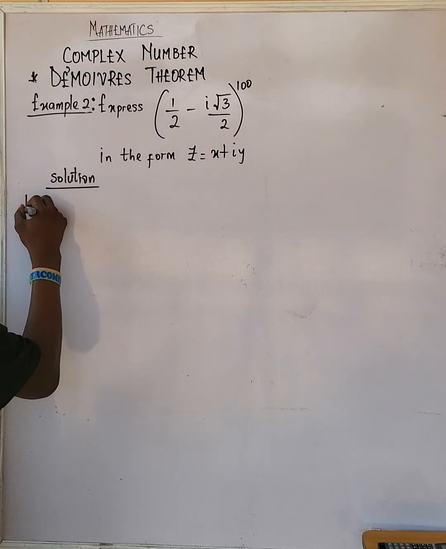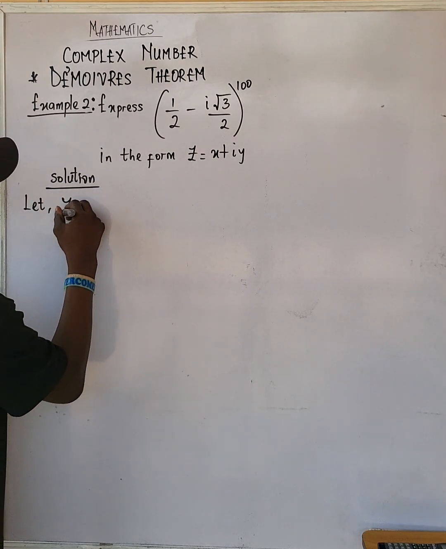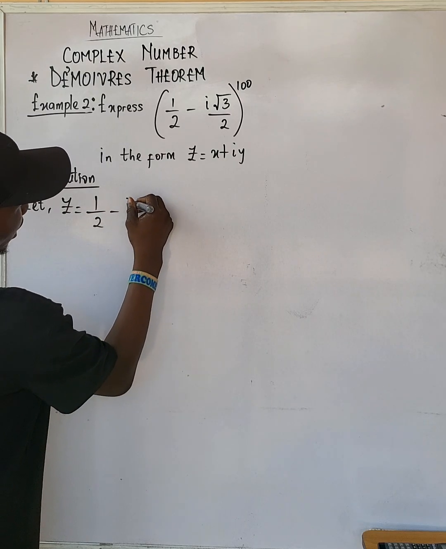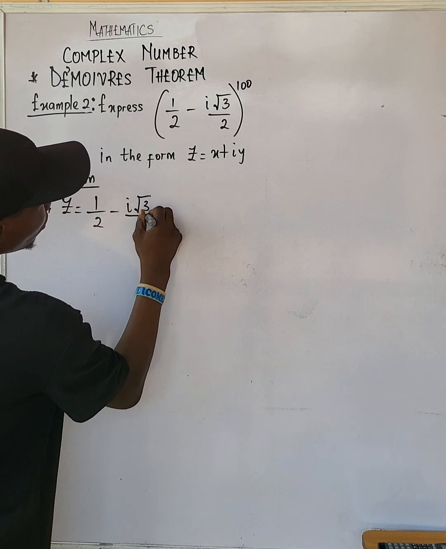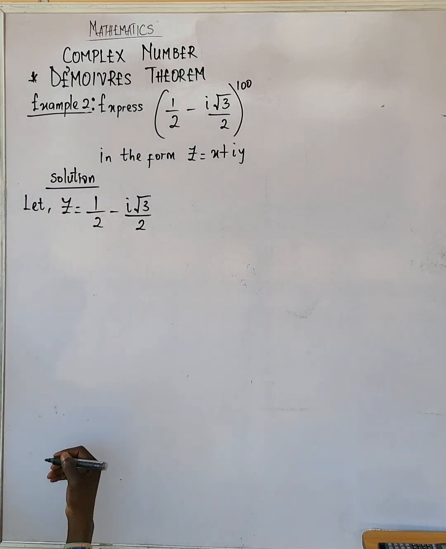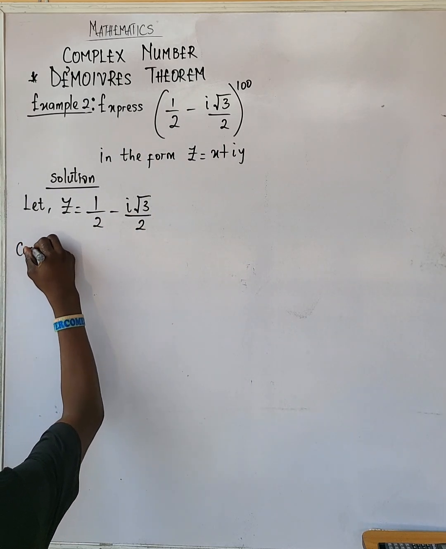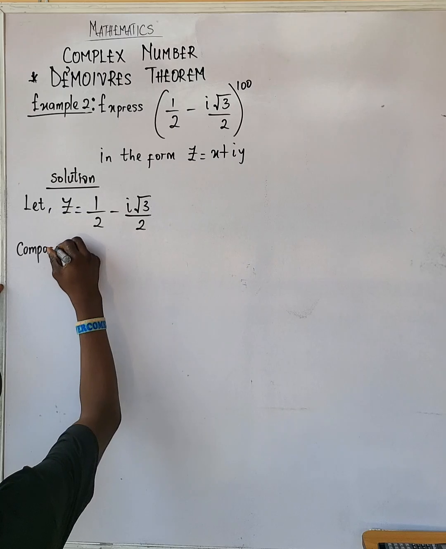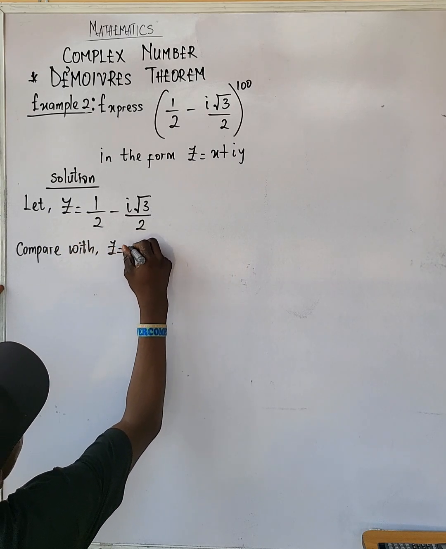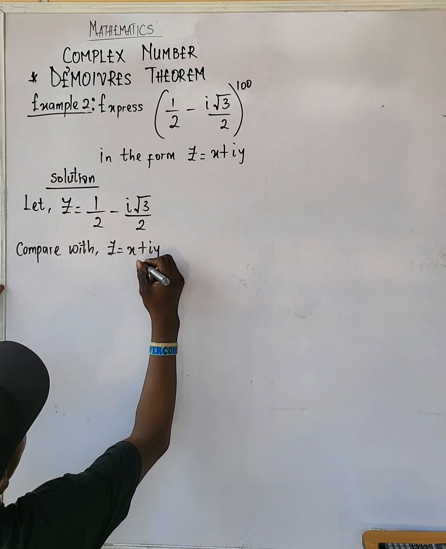Let our complex number z be 1/2 minus i square root of 3/2. So the first thing you always do is compare with z equals x plus iy.